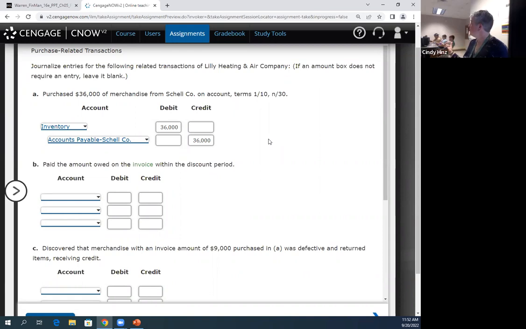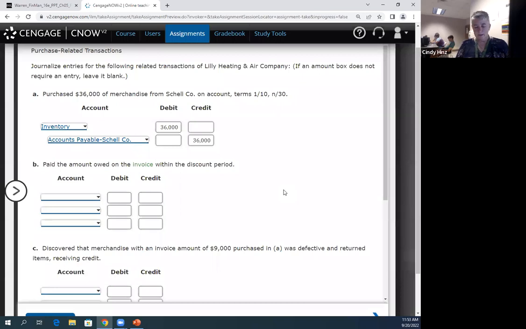Even if we have to borrow the money, we're still going to be better off to pay that in the discount period. And that's what we do. Why do I say even if we have to borrow it? Because if you borrow the money, you're not paying 36% annual interest. So you're still going to be better off to pay it within 10 days. I'd pay it on day 10, but you're still better off to pay it within 10 days.